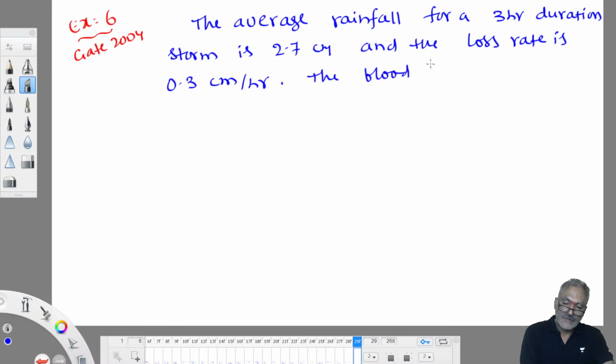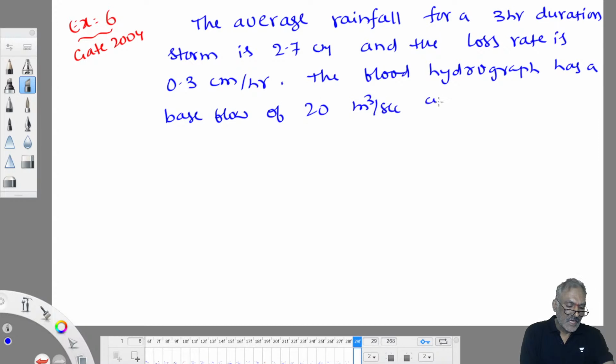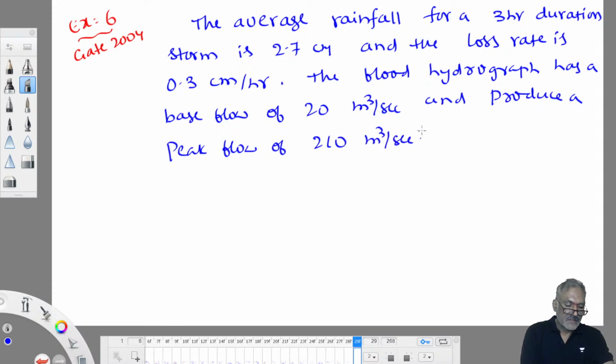The flood hydrograph has a base flow of 20 meter cube per second and produces a peak flow of 210 meter cube per second. The peak of a 3-hour unit hydrograph is. So I have been asked to find out something related to the unit hydrograph.